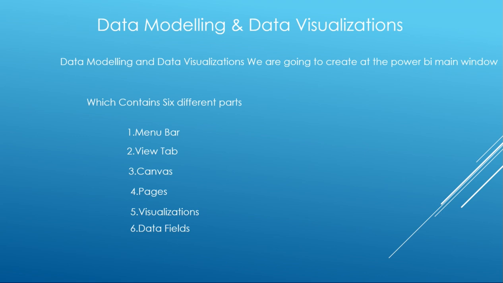First one is the menu bar. Second one is the view tab, also called the view table. Third one is the canvas. Fourth one is the pages. Fifth one is visualizations. Sixth one is the data fields.